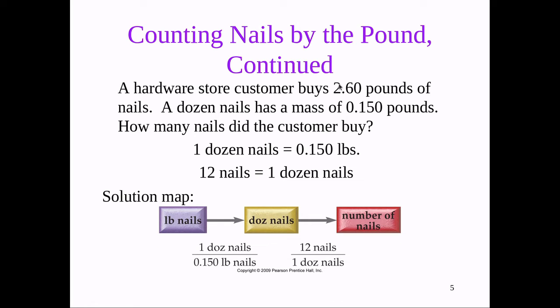So that means that if we take the pounds of nails, right, and we multiply it by this conversion factor, which we built on this fact, just like we were doing with our conversion factors before, we'll know how many dozens of nails we have. And then if we multiply that by 12, and cancel this unit here, this dozens of nails, we'll know the number of nails that we have.